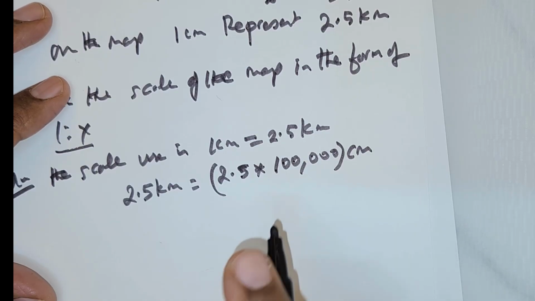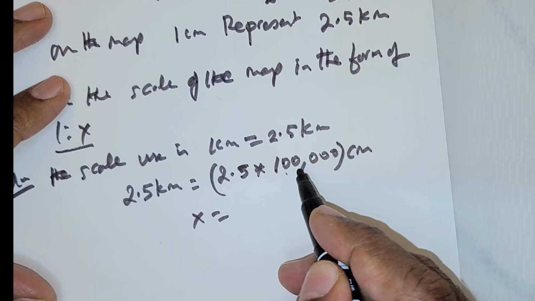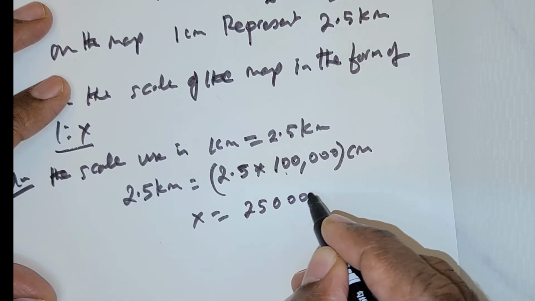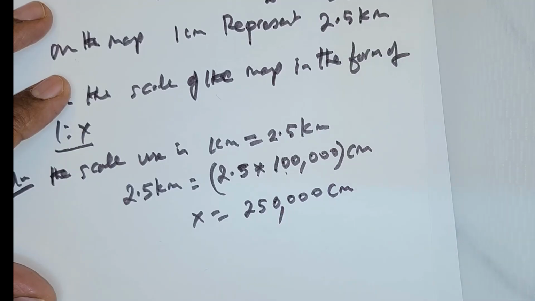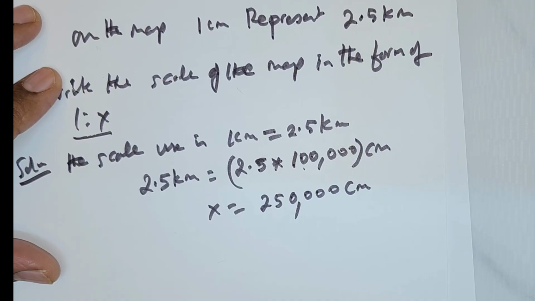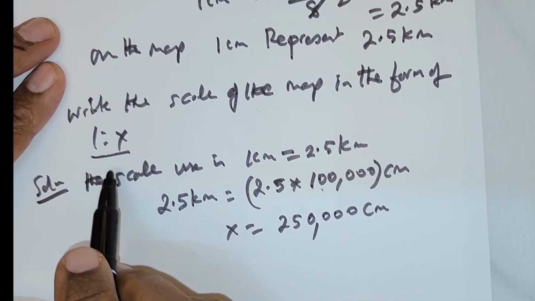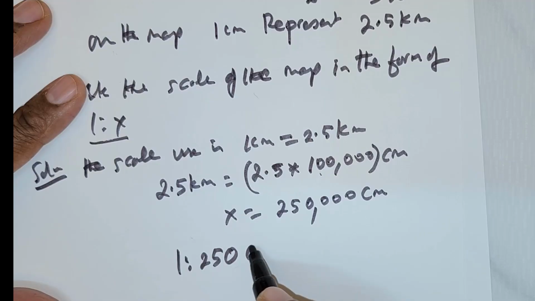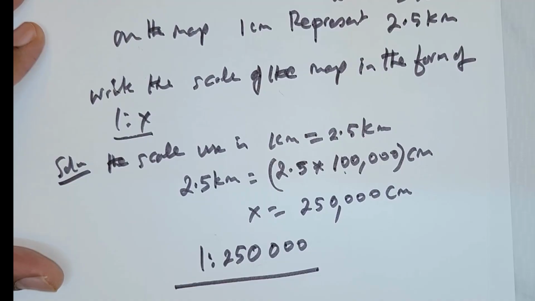So that in turn means x is equal to, so 1 0 goes off, so 2 5 1 2 3 4. So this is the cm. So that we can write it in this fashion: 1 cm is nothing but 250,000 cm. So that's the solution for this question.